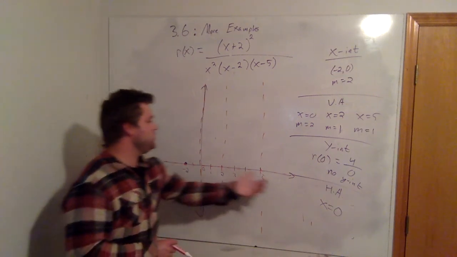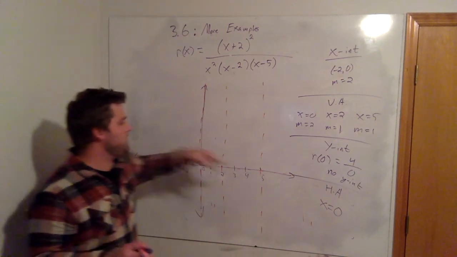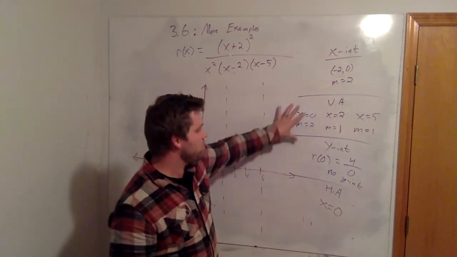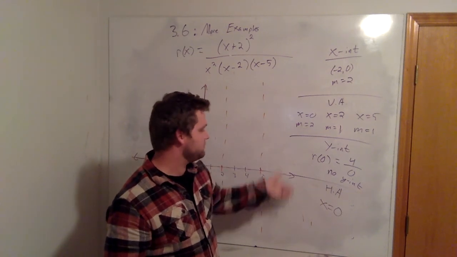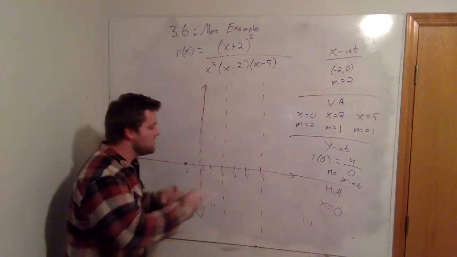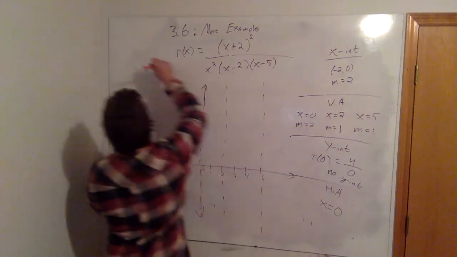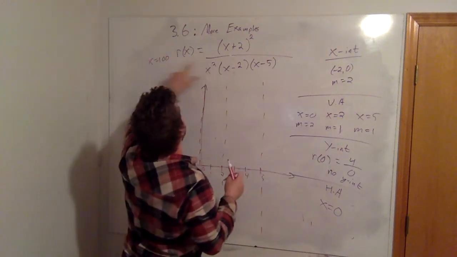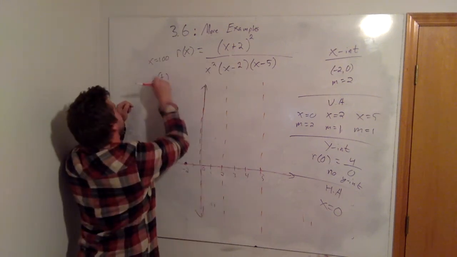You could do it anywhere if you'd like. Let's figure out what's going on over here. At a number bigger than 5, the graph is always going to be positive or always going to be negative, because there are no x-intercepts for me to flip sign. So let's pick a number bigger than 5, how about x equals 100? If I plug in 100, I get 100 plus 2 squared, which is positive.